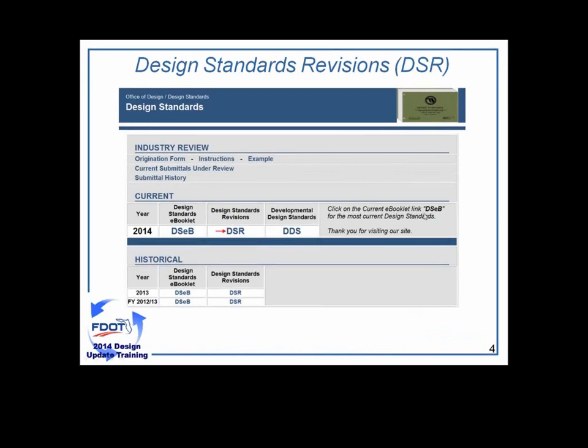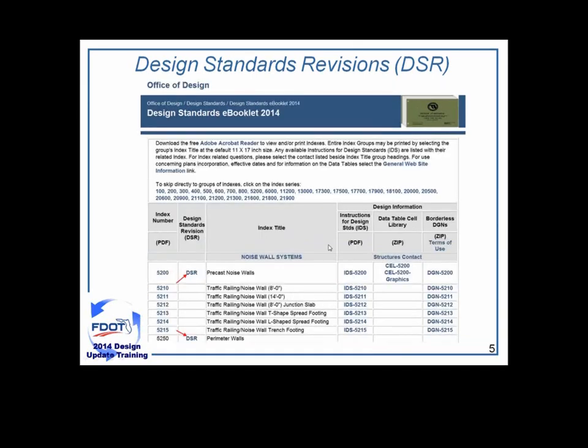Design standards revisions are accessible through the main design standards web page adjacent to each year's e-booklet, as shown here. Also, the design standards e-booklet page has been recently streamlined to quickly identify which indexes have been updated by showing the design standards revision column directly adjacent to the index number.